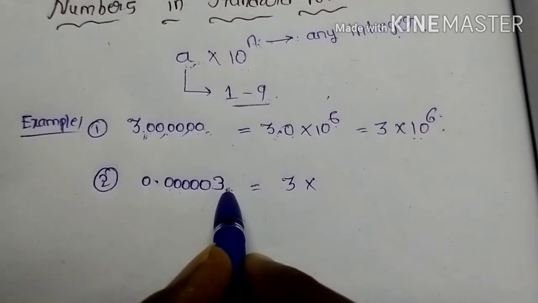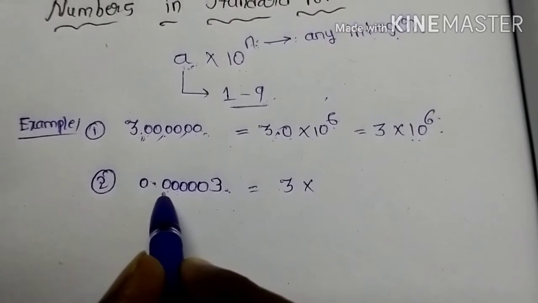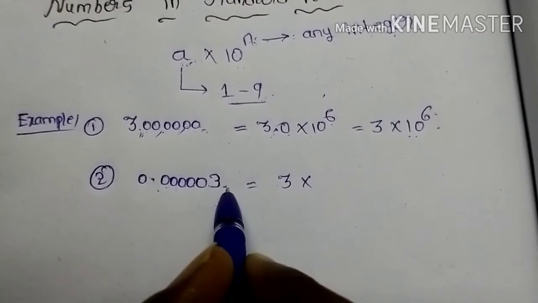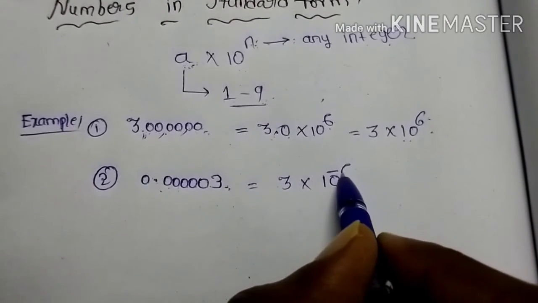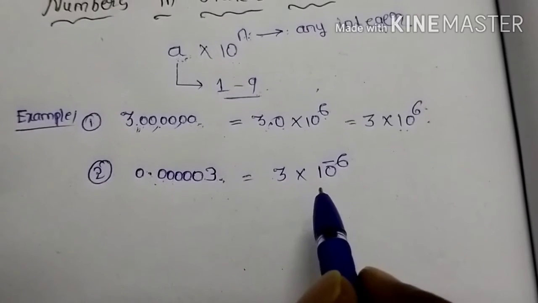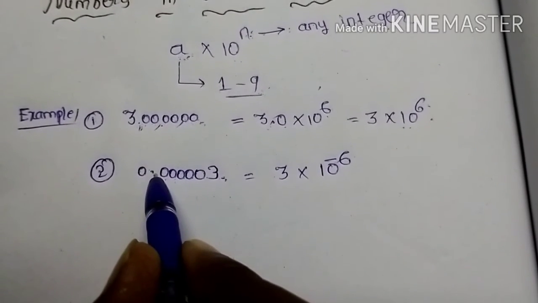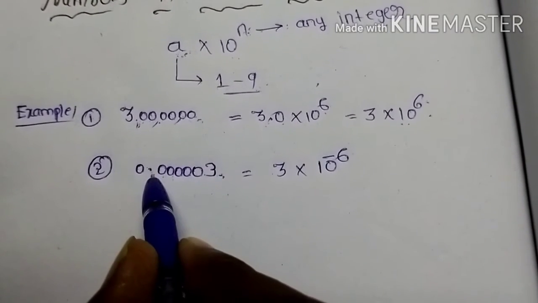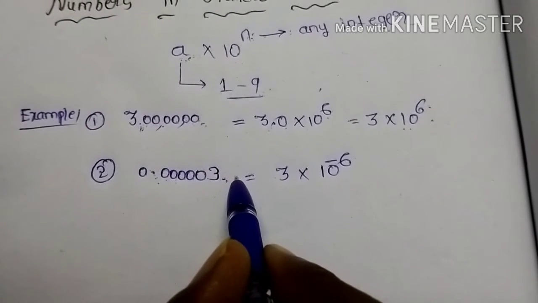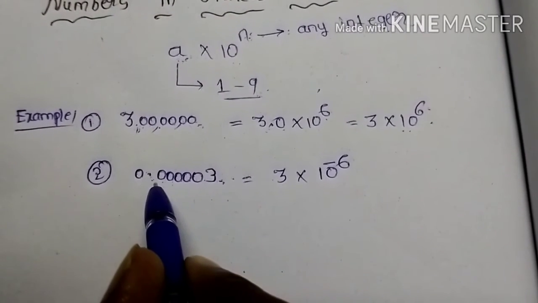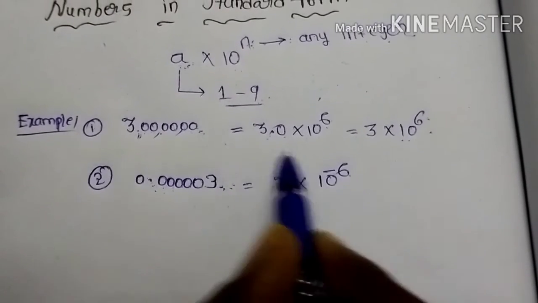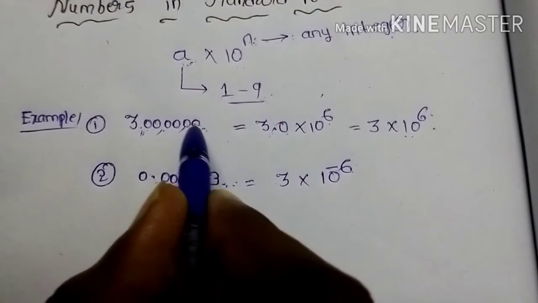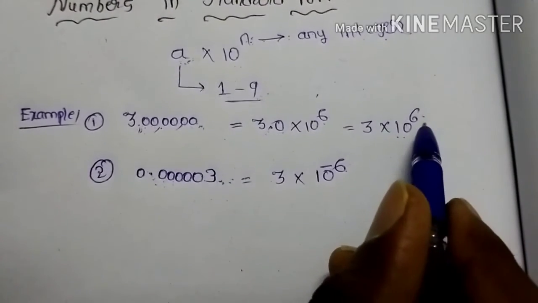The decimal point moves 6 places from left to right hand side. That means you can write 10 power minus 6. You can simply remember, if the decimal point moves to the right side, you will get a negative exponent. If the decimal point moves to the left hand side, you will get a positive exponent.